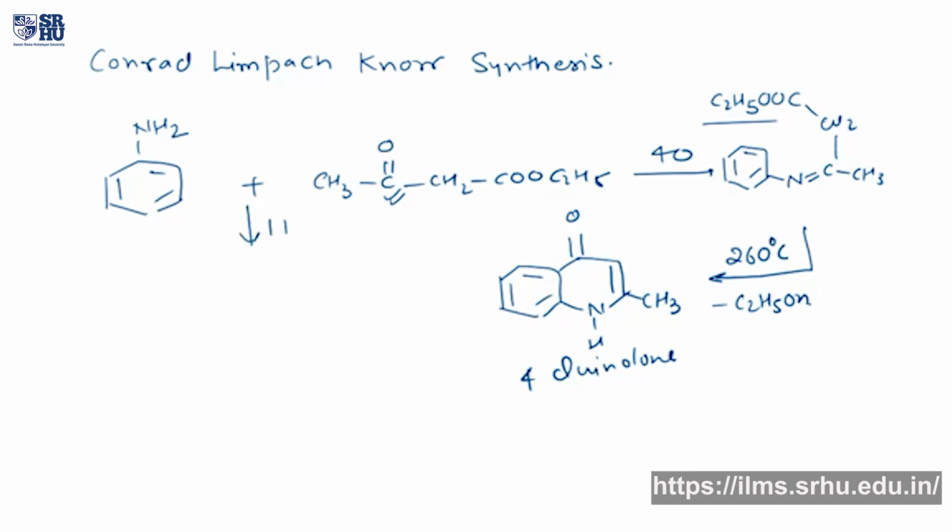So let's say if we heat it to 140 degrees centigrade, there will be a change in the reaction. A different product will get formed. There will be nitrogen, NH, C double bond O, CH2, C double bond O, single bond CH3. It clearly means that nitrogen is now attached with the ester functionality and not the keto group.